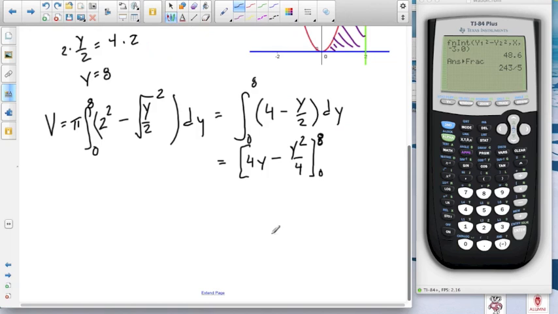There we go. And as we then plug in the values for the upper and the lower limits, we have 4 times 8 minus 8 squared over 4, minus, and then plugging in 0 gets us 0 for everything. And so we have 32 minus 64 divided by 4.